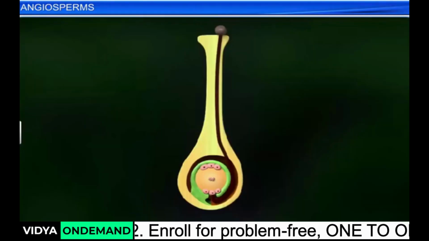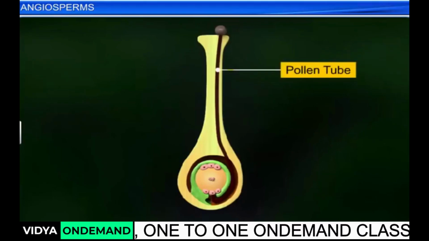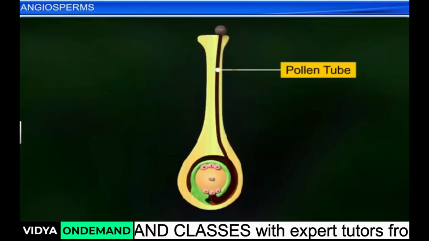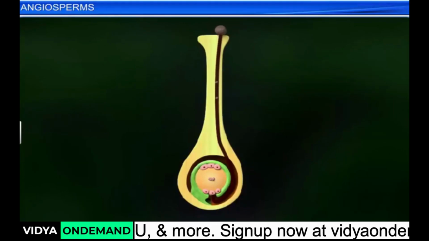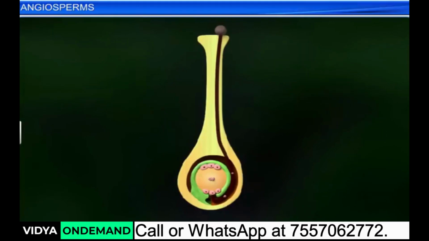Here, the pollen grain germinates and produces a pollen tube. This tube penetrates the tissues of the stigma and style to enter the embryo sac inside the ovule.